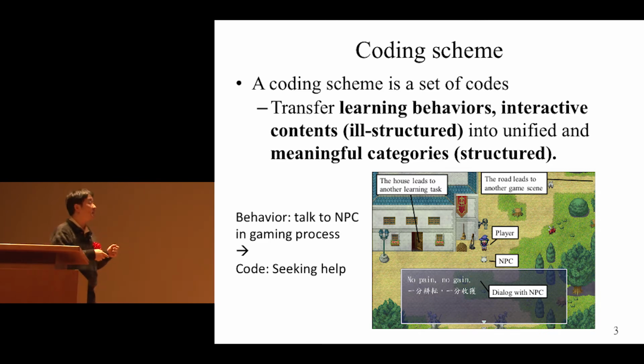When a player approaches an NPC, he or she might want to seek hints or help from those characters. So if the learner or player does that, then we categorize that behavior into a code, we say, might be seeking help.